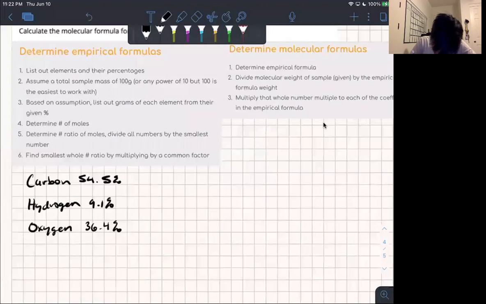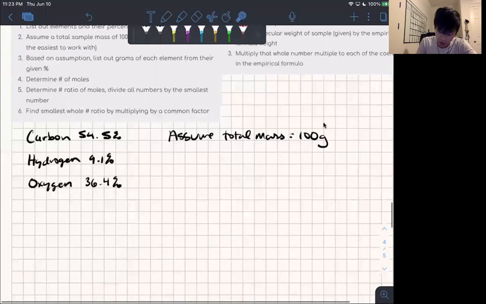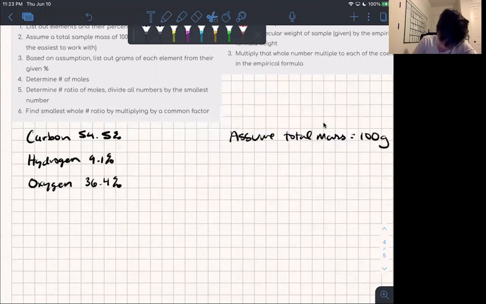So let's assume total mass equals 100 grams. From that, we can convert these directly into masses in grams. So for this one, let's make a little room.